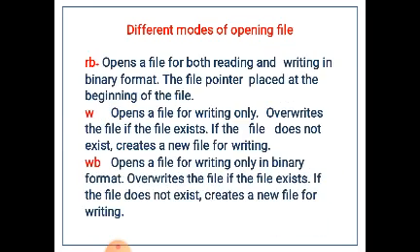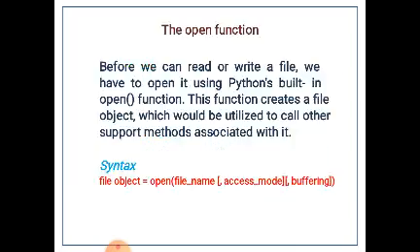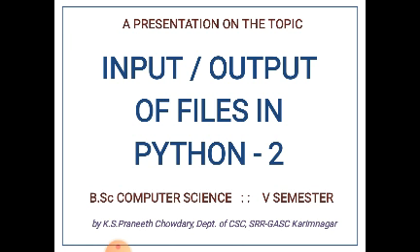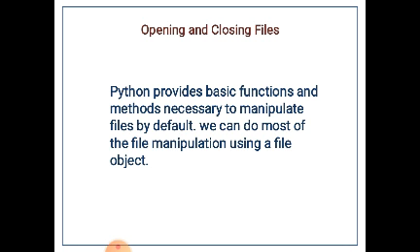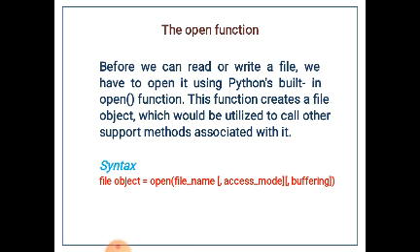So my dear students, just have a look on the screen for the things we have learned today. Our topic is input and output of files in Python part 2. Here we have learnt about the basic functions and methods that are necessary to manipulate files by default. The open function.